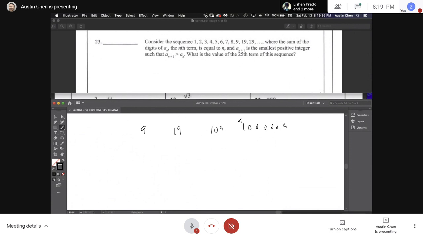But we want it to be the smallest integer such that it is larger than 9. And that would only work with 19. So that's why it's in our sequence and not anything else. And with this, we want to find the value of the 25th term of the sequence.